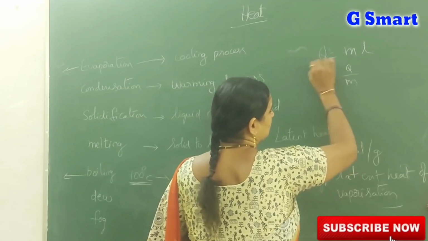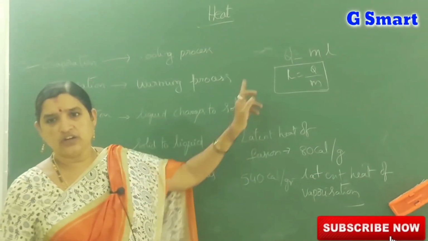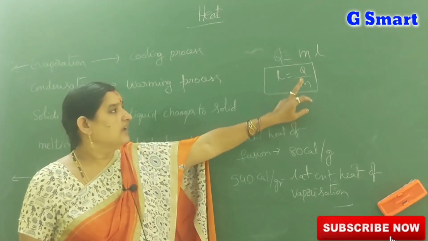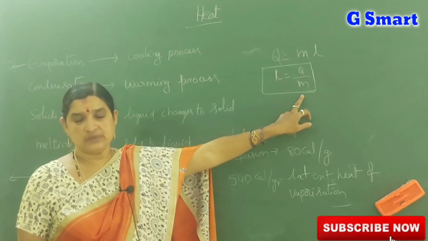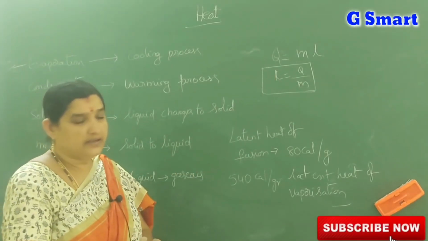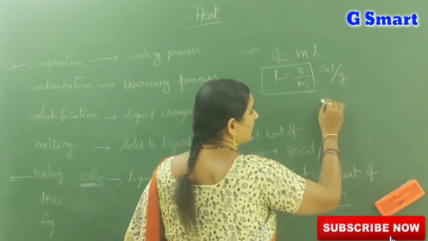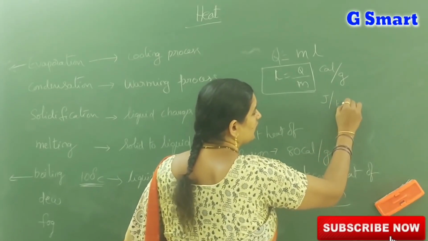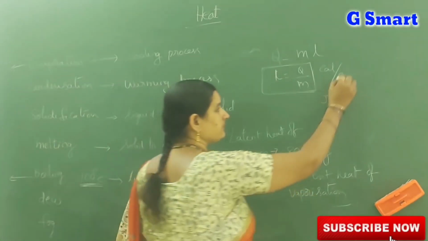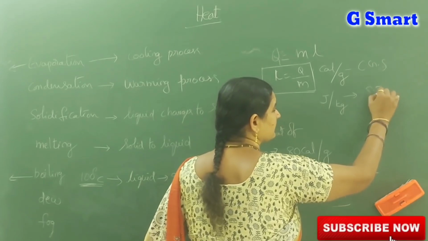For vaporization or fusion, whatever it may be, the formula is latent heat L = Q/m. Q is the given heat energy and m is the mass of the substance. So what are the units of latent heat? Calories per gram in the CGS system, joule per kilogram in the SI system.